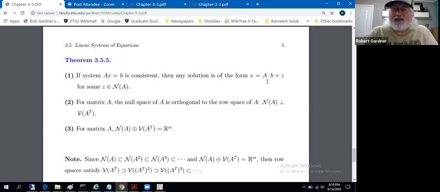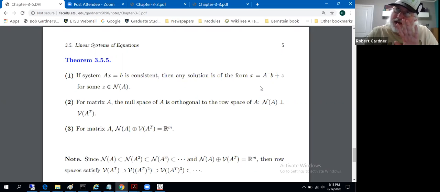There was no generalized inverse stuff, but you did this kind of thing. If you had a consistent system, you could express the solutions in terms of our textbook's solution systems of equations.